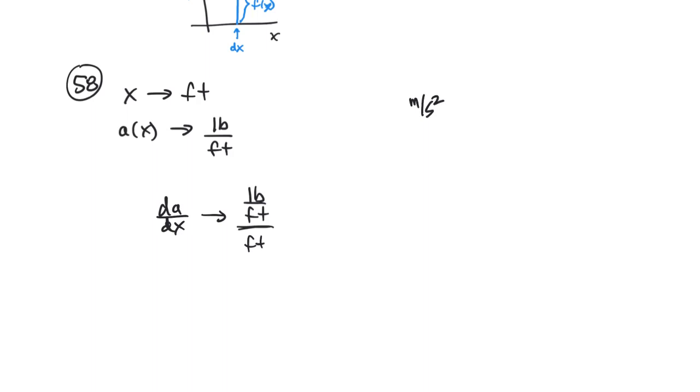So with something like this, you would almost certainly rewrite it. You would think of this as pounds per foot times the reciprocal of the denominator, which would be 1 over foot, which gives us pounds per square foot.